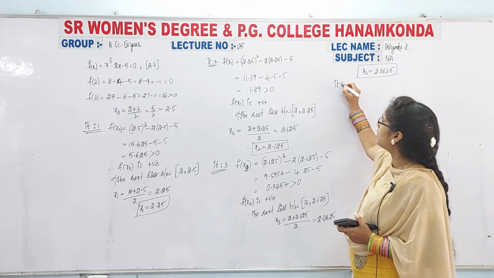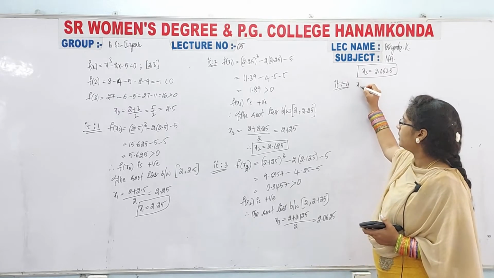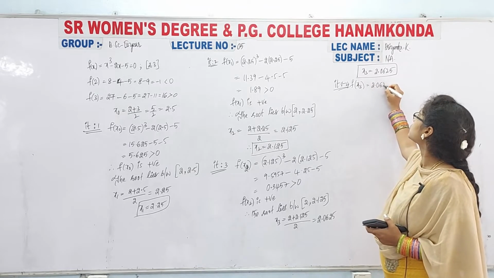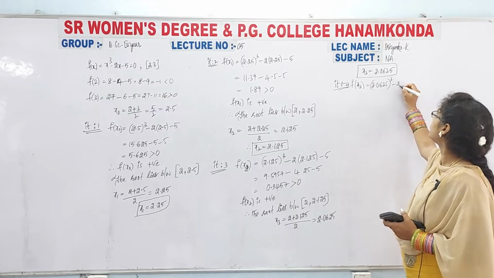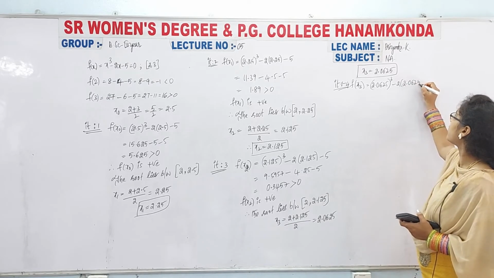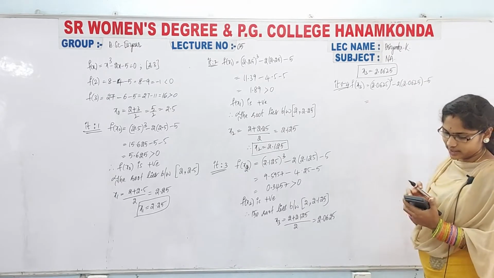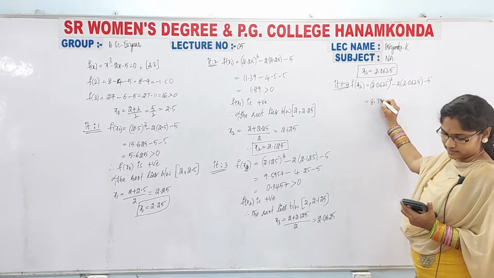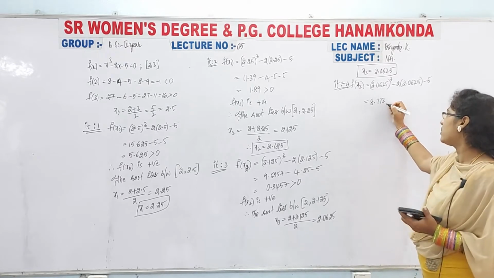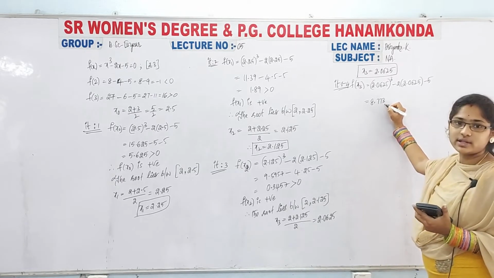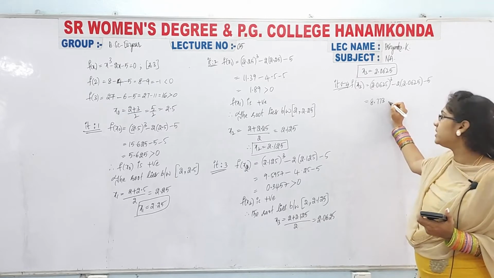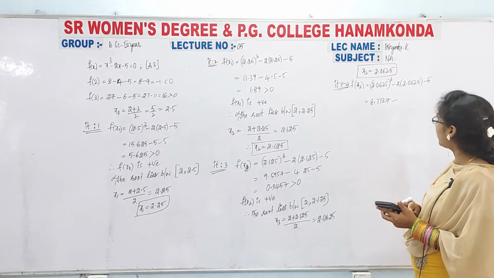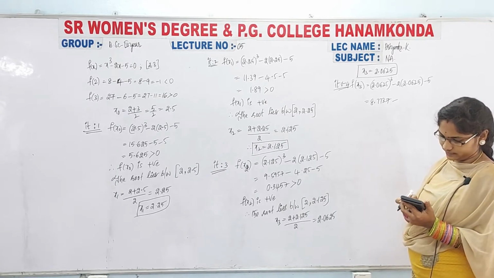Now iteration number 4. Now f of x3 equals 2.0625 whole cube minus 2 into 2.0625 minus 5. Now what we get here, whole cube, 8.773681. So now here I am taking 8.7737 minus 2 into 2.0625.